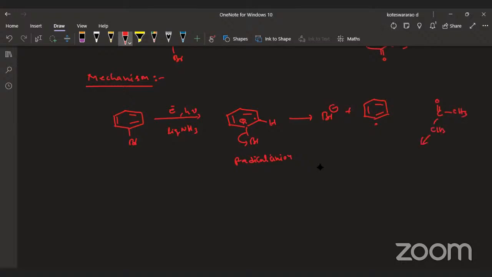Whenever it is treated with a base like potassium tertiary butoxide, it leads to the formation of a carbanion, CH2, C double bond O, CH3, having a negative charge. Then it will get substituted in this position.